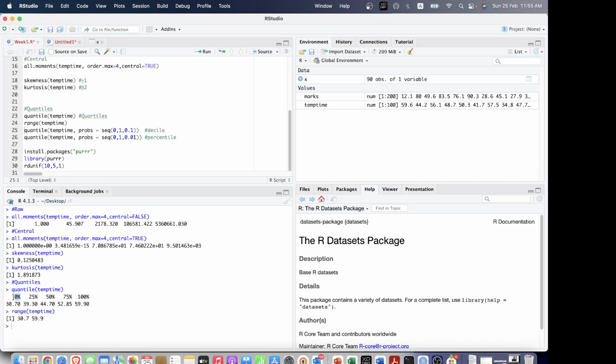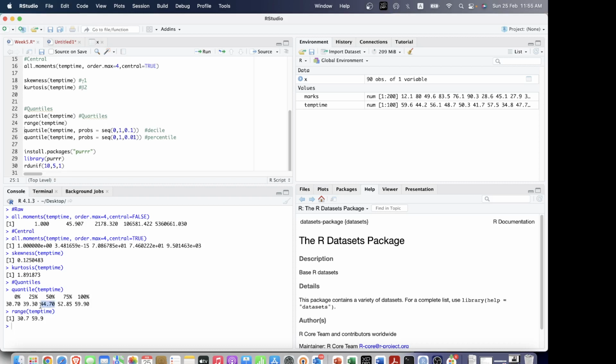So 100% of values lie less than or equal to 59.9 and 0% of the data lies below 30.7. Now the point below which 75% of the data lies would be 52.85. Below which 50% of the data lies, 44.7.